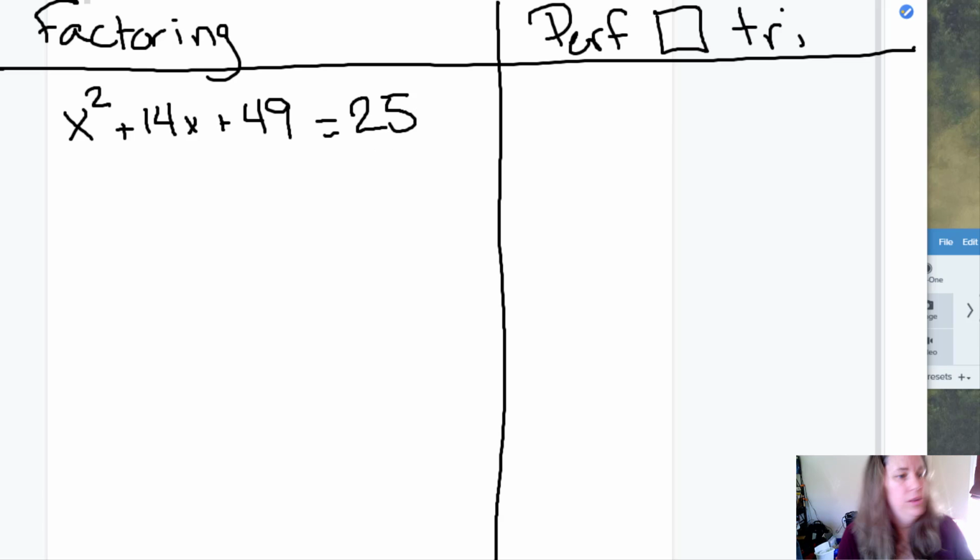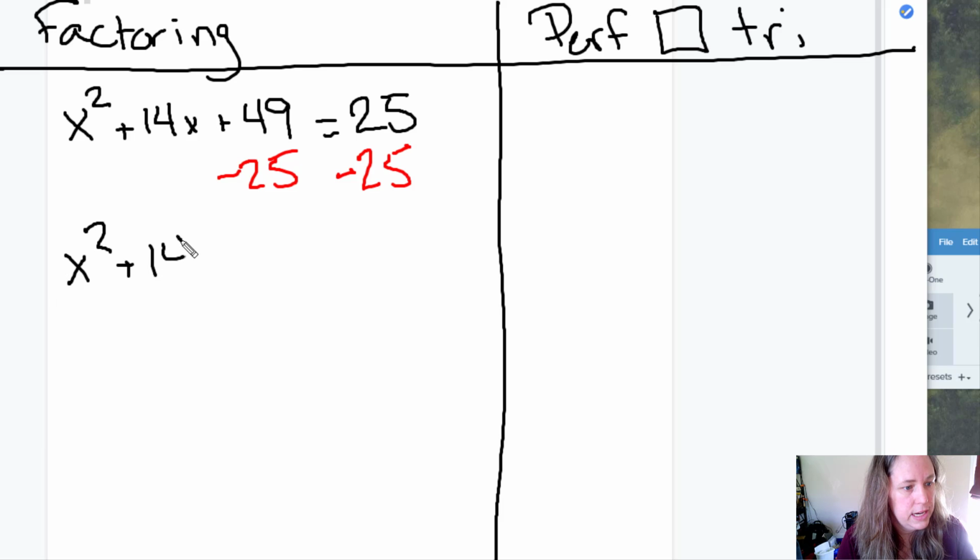Okay, so to solve by factoring, we would set the equation equal to 0. We're going to subtract 25 from both sides. We're going to get x squared plus 14x plus 24 equals 0.